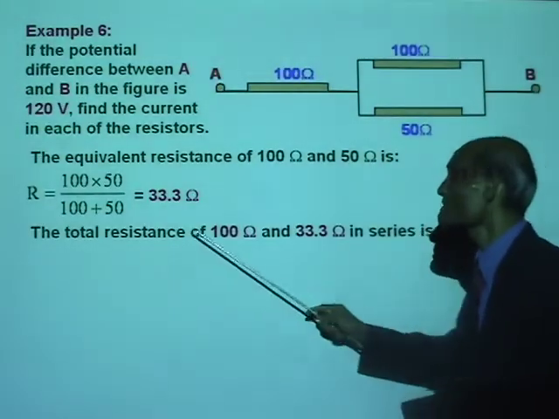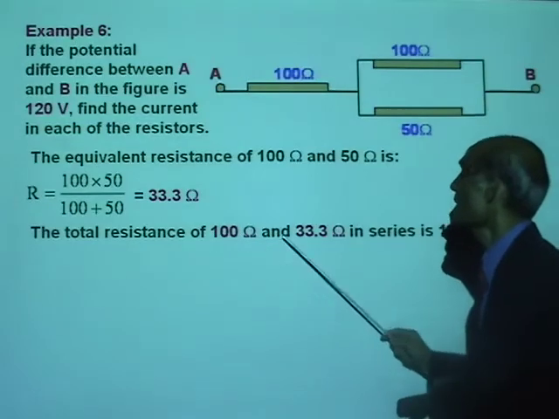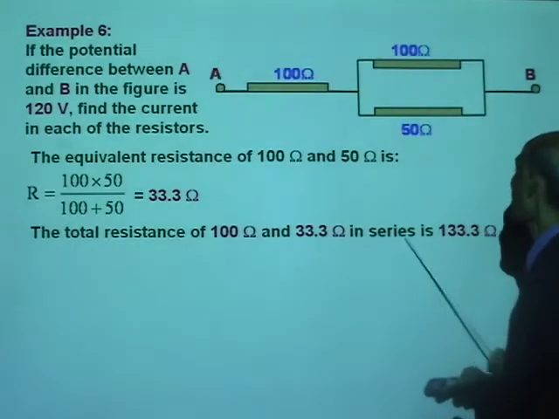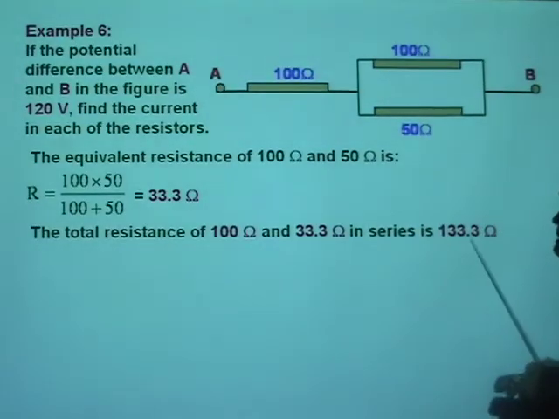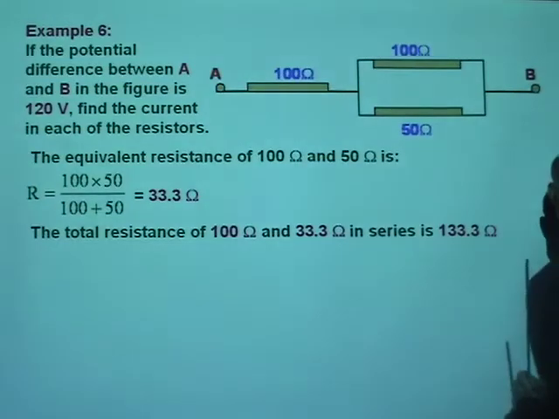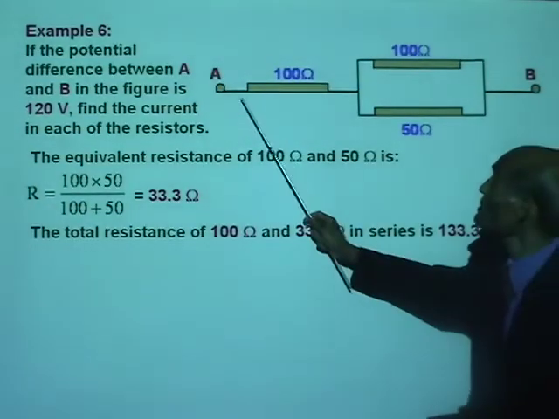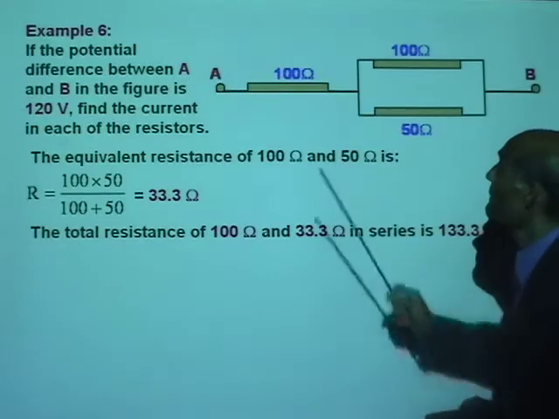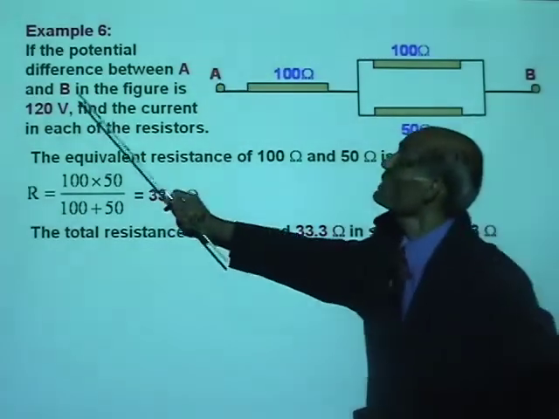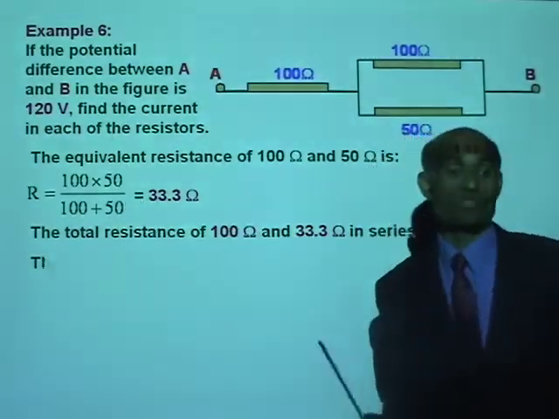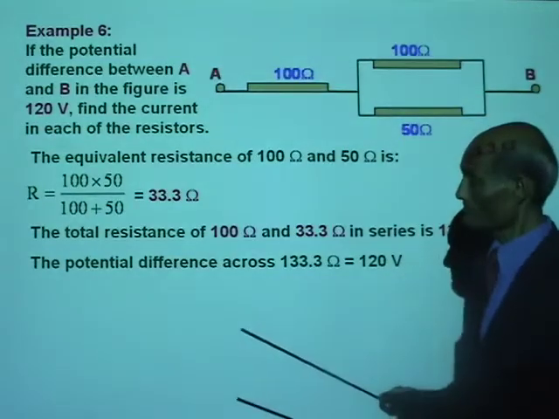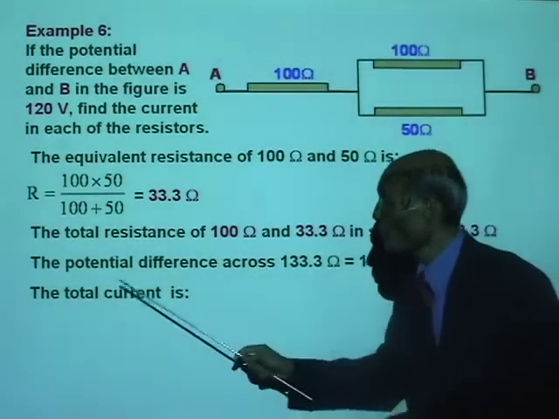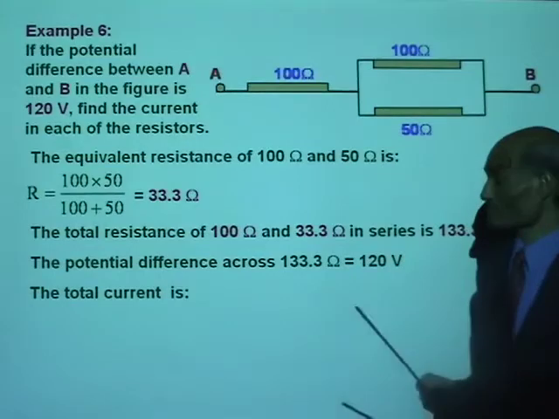So the total resistance of 100 and 33.3 ohm in series now is 133.3 ohm. That is now the total resistance here. And the total potential is 120 volts. Therefore, what is the total current?